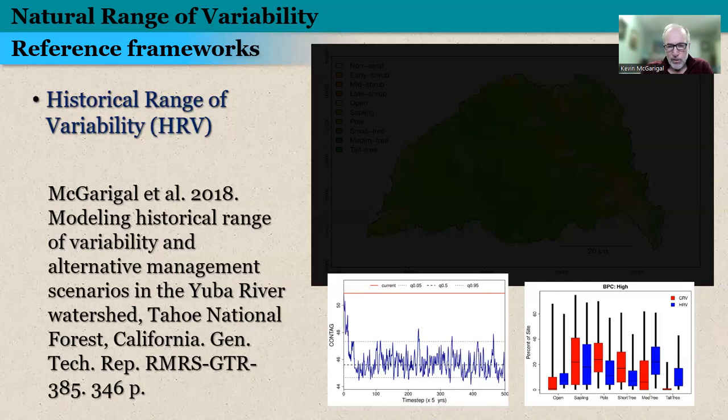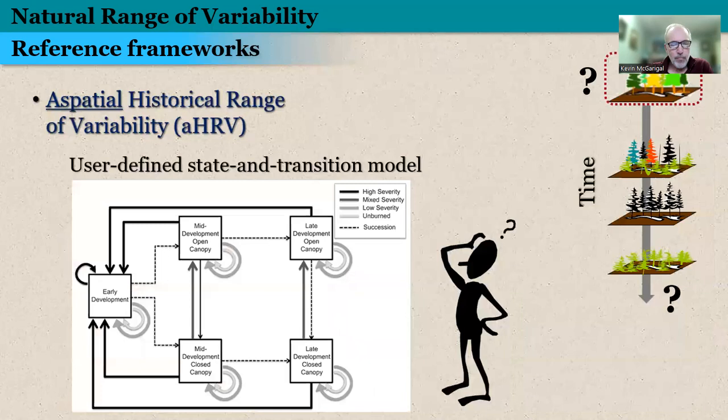So if we use the spatial variation in the current landscape to describe the variability, that's shown in the red bars. And we're able to do this with a variety of additional ecological attributes.